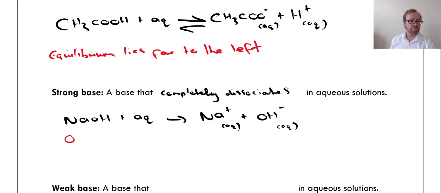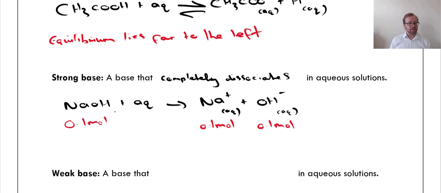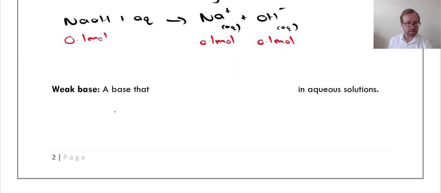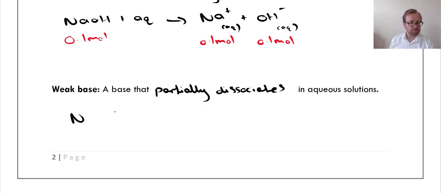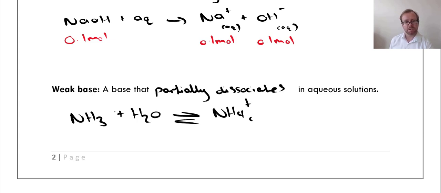And again, if we have 0.1 mole here, because it completely dissociates, we must have 0.1 mole of each of these. And lastly, a weak base, so a base that partially dissociates in aqueous solution. We'll use ammonia as the example. And because it partially dissociates, we have a reversible reaction.